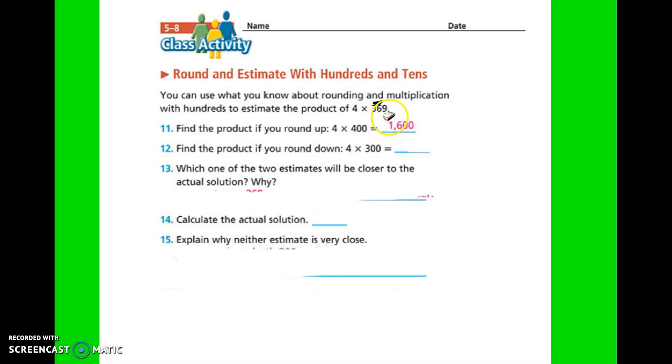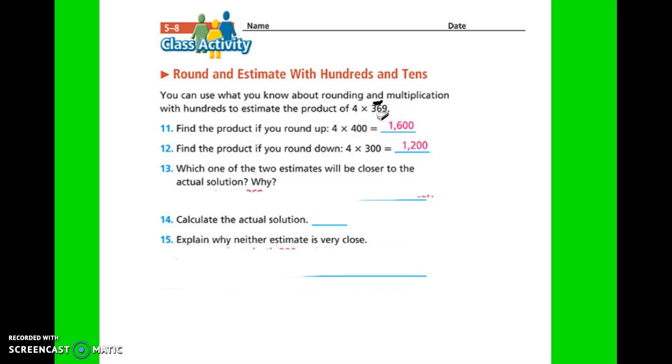Now what if I went down? What if I did 4 times 300? Well, my 4 times 3 would give me 12. I'd add my 2 zeros on there, so I get 1,200. It says, which one of these two estimates will be closer to the actual solution? That's a great question. So remember, I went to 400 and I went to 300. The one that's going to be the closest is the one that's closest to that number.